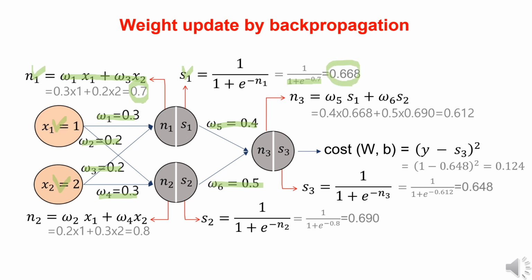Following this process, N2, S2, N3, and S3 can also be calculated, with the final S3 value being 0.648. If the actual value is 1, the cost function becomes the square of 1 minus 0.648, resulting in a final cost of 0.124.